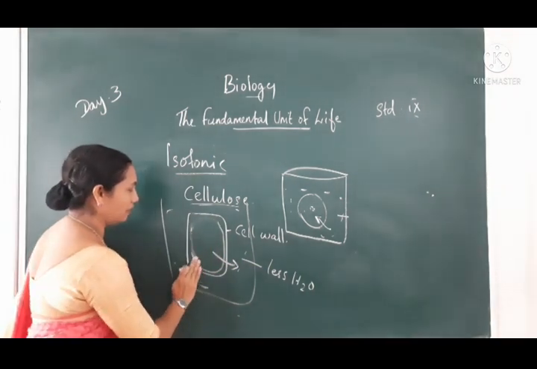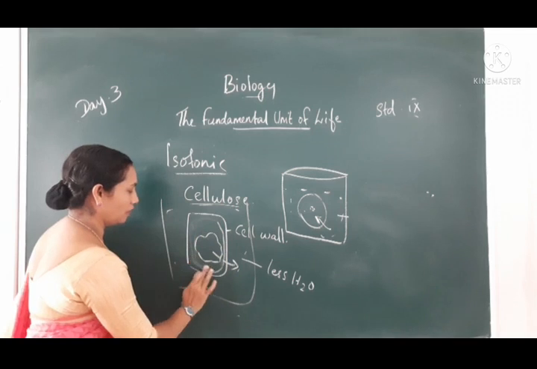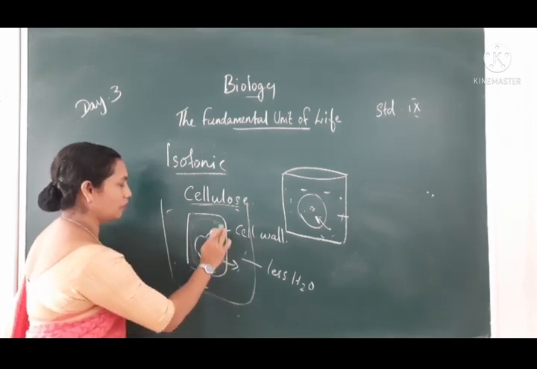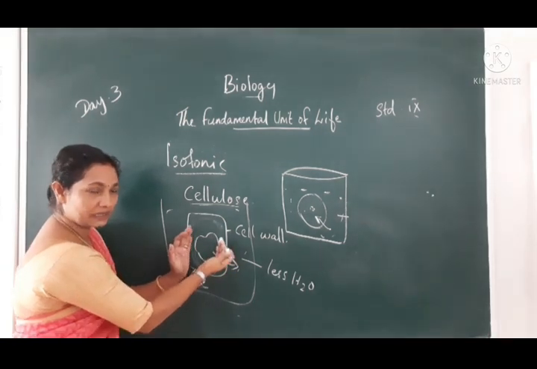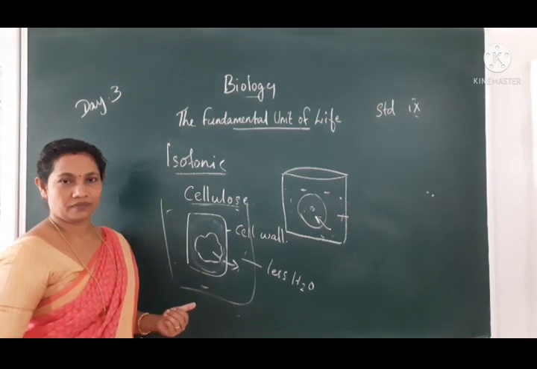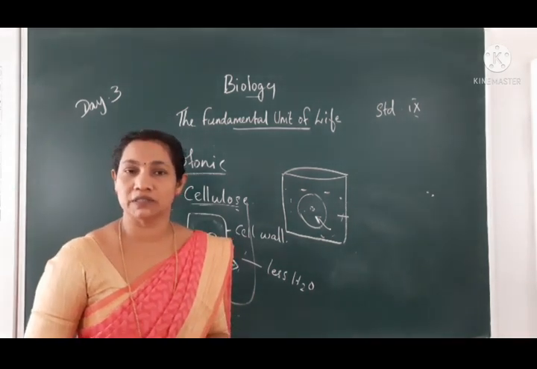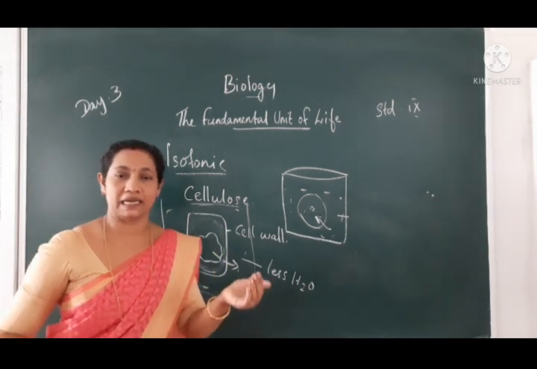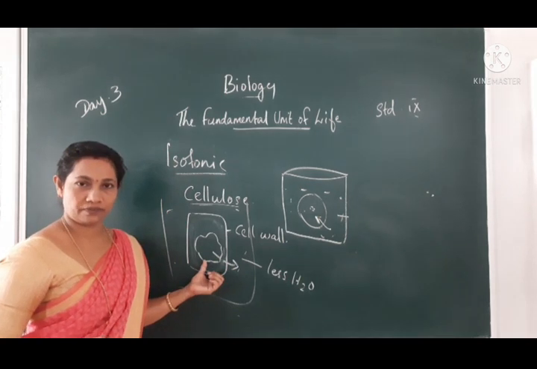That means the cell wall remains, and the inner cell membrane and cytoplasm shrink. So when a plant cell is placed in a hypertonic solution, the shrinkage of cell content away from the cell wall occurs.